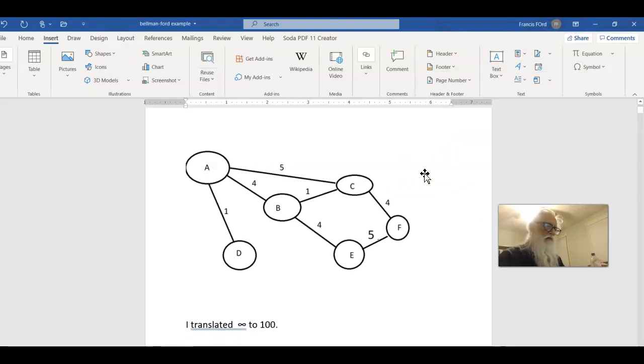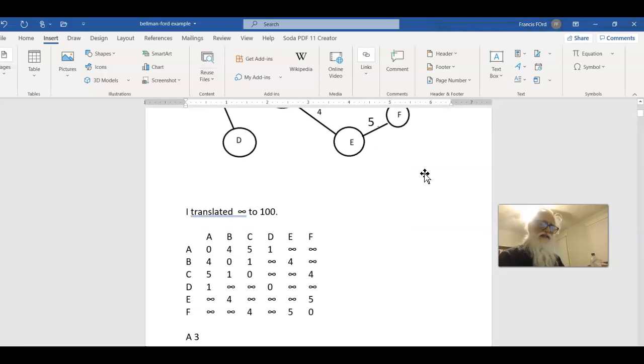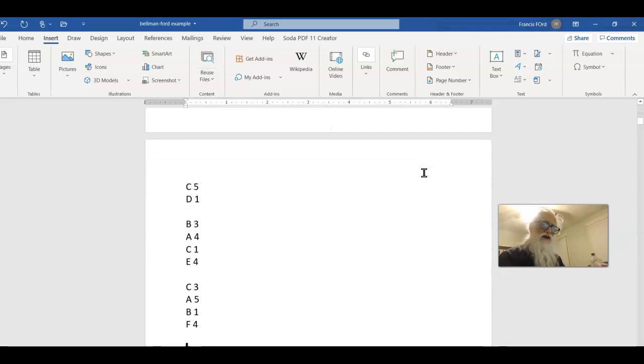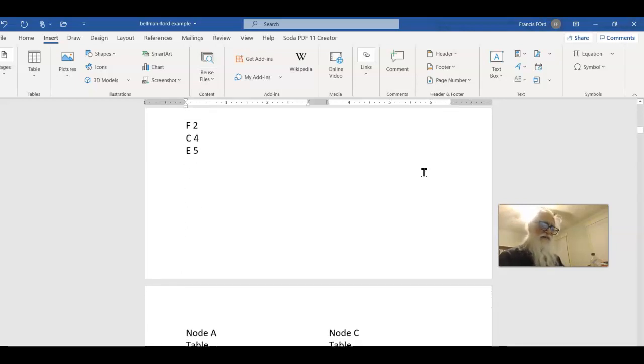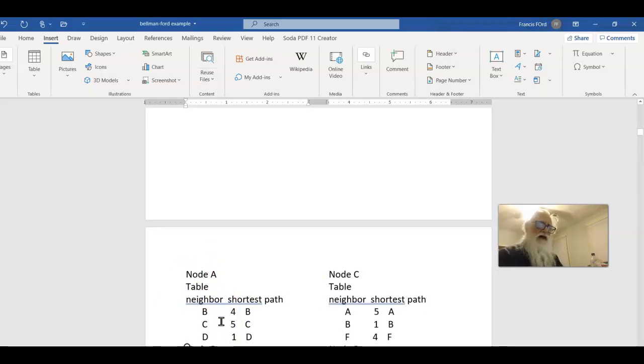Now, here's what I got. At first, the initial conditions are that each of the nodes has its own table. The table has 3 columns in it. Here are the 3 columns. At node A, I list each neighbor, B, C, and D, and I tell you what the shortest path is to that neighbor.